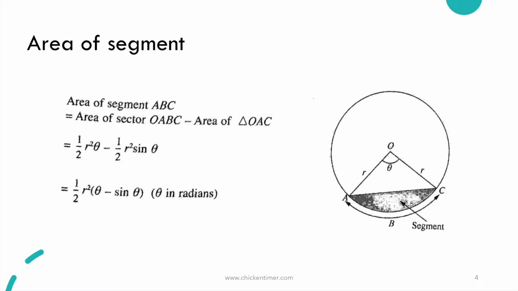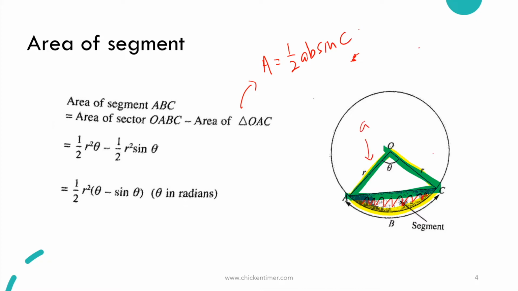Then there is this area of segment. This is a segment. To find the segment, you use the area of the sector minus the area of the triangle. The area of a triangle is given by the formula half AB sine C. In this case, A and B are this and C is this angle, so it will be half r squared sine theta.